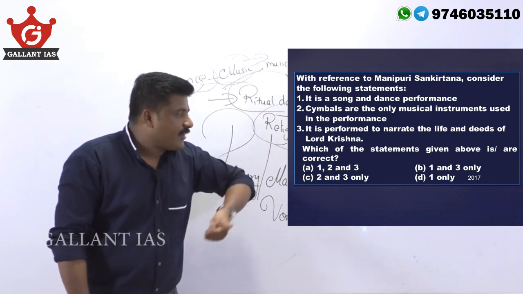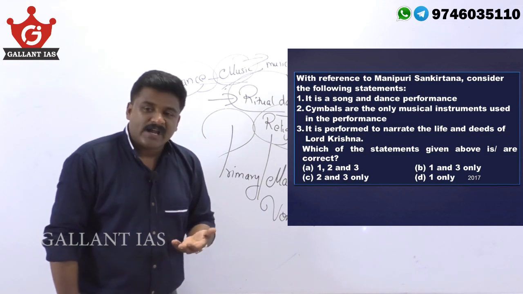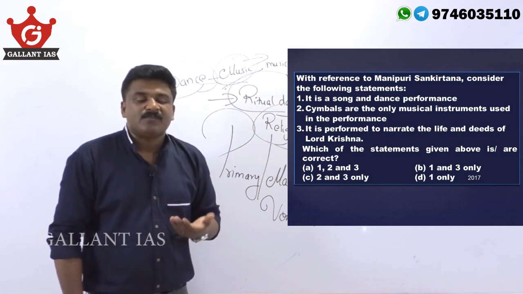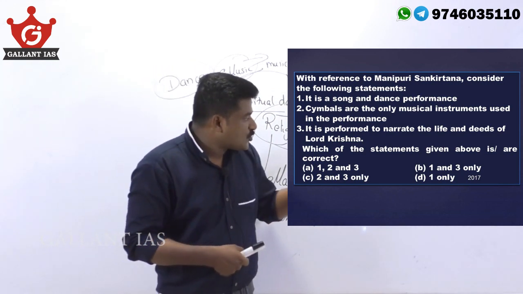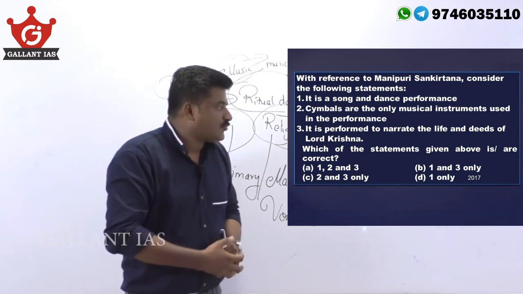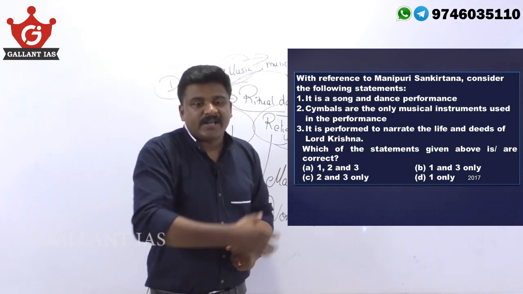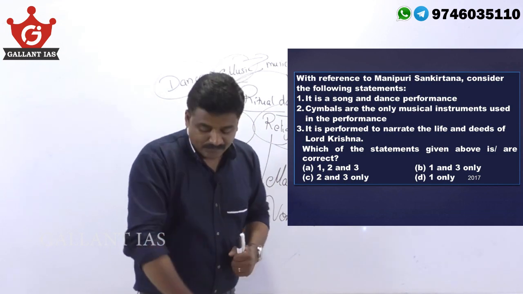Performed to narrate the life and deeds of Lord Krishna. Since it is a ritual dance, let us assume that it can be dealing with any religious themes or subjects. In such a way you can apply your guess, and our answer will definitely be 1 and 3 only. You can eliminate using this technique or strategy.